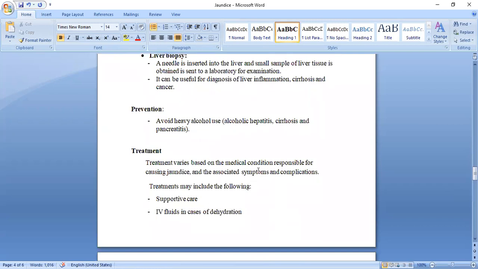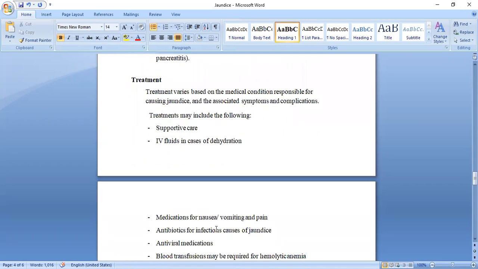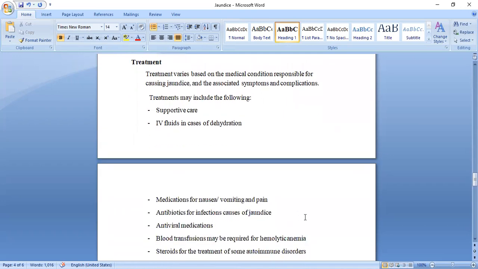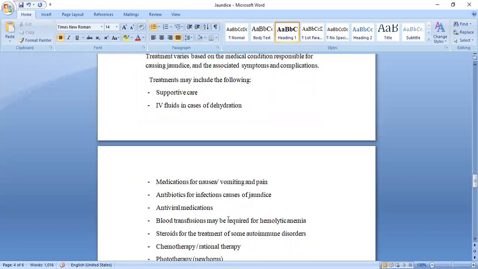What are the treatments now? Supportive care, IV fluids in case of dehydration, and medications for nausea, vomiting, and pain. If there is any pain or vomiting, we will give medication for that. Antibiotics for any type of infection.